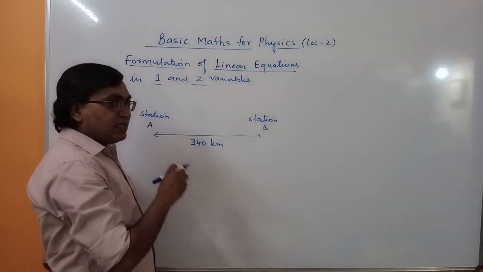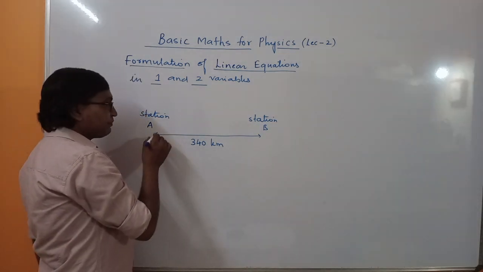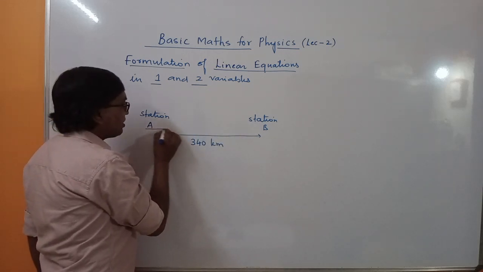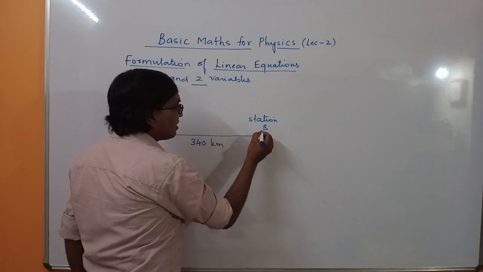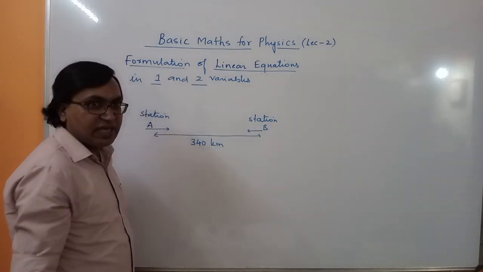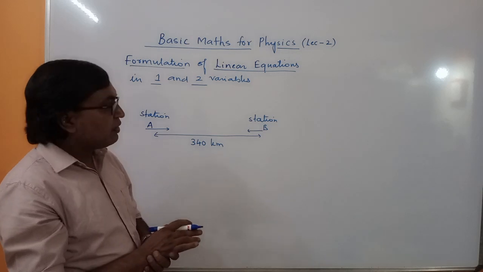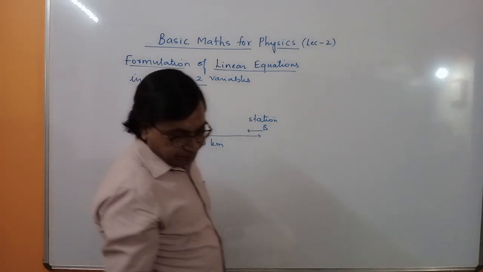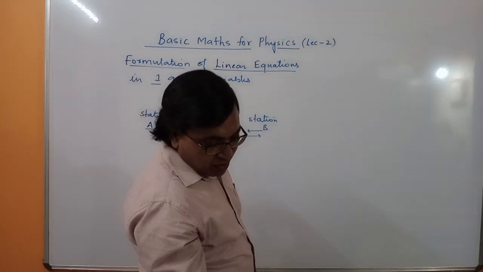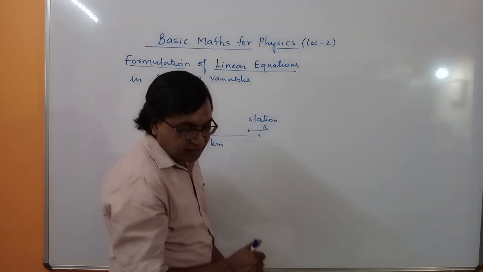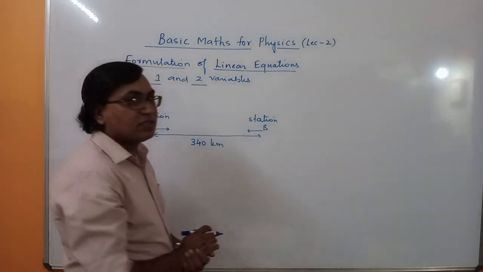And two trains start simultaneously from both these stations in opposite directions. So this train may move along this direction, this train may move along this direction. They are moving on parallel tracks. The speed of one of them is greater than that of the other by 5 kilometers per hour.